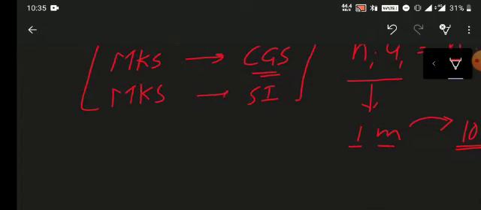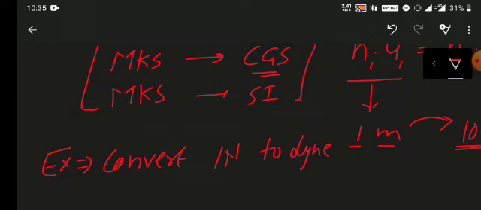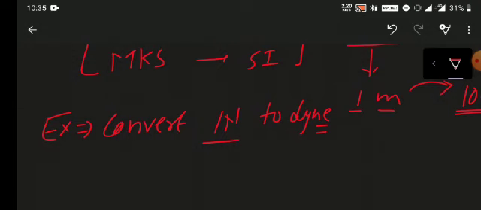Let's take an example and understand with this example. You have to convert 1 Newton to dyne form. How can you convert? You know that the Newton is a SI unit and the dyne is a CGS unit. Now how can you convert?